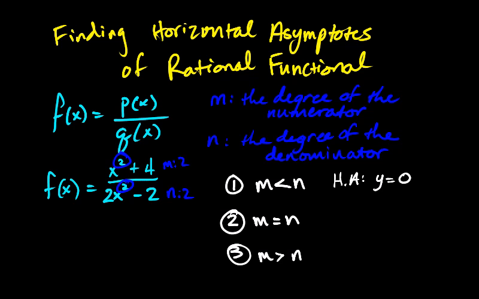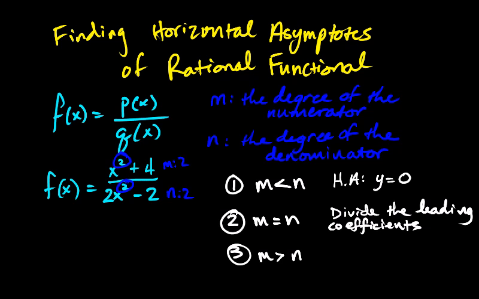The next one is when the degrees are the same. The way we figure out the horizontal asymptote is we divide the leading coefficients. So let's take a look at the example I made earlier.